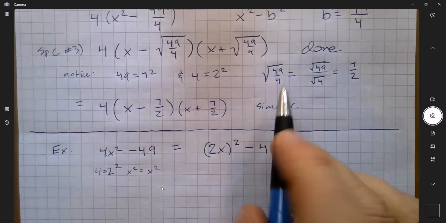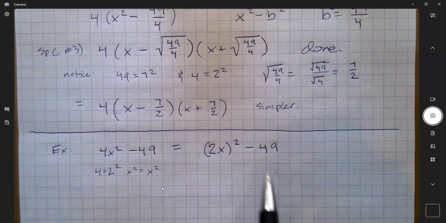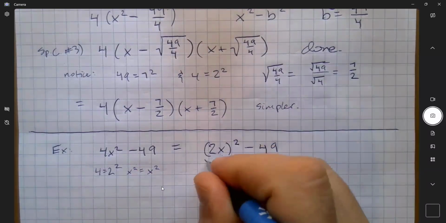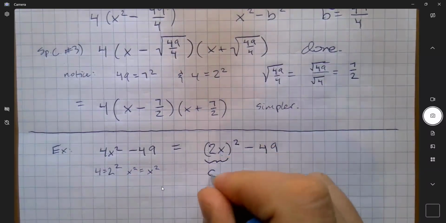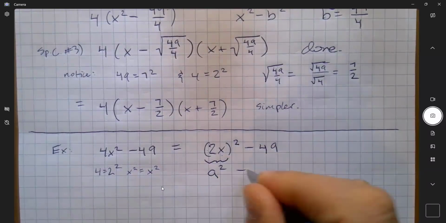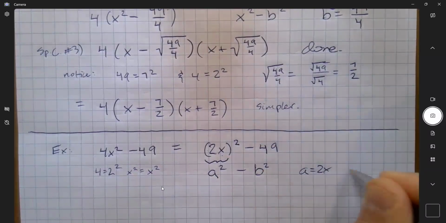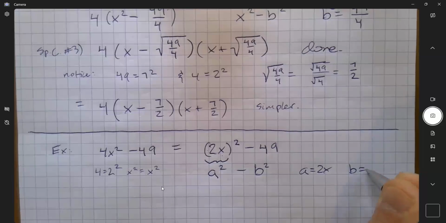And now instead of an x squared minus b squared, I have a 2x quantity squared minus b squared. So let's just make a little bit of a change and call that a squared minus b squared, where a is 2x and b is whatever the square root of 49 is.